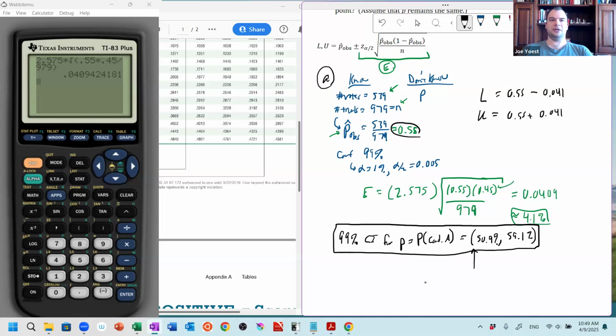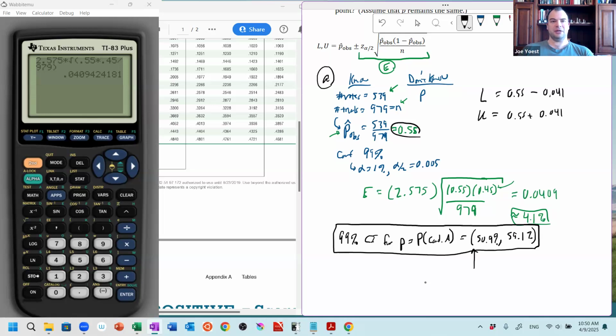But it's certainly true that if any specific candidate gets more than 50% of the vote, they necessarily have to have gotten more votes than any other candidate, right? So a candidate could win with 48% of the votes or something like that if there were more than two candidates running. But certainly if a candidate gets above 50% of all the votes, they have to win. And we see that our lower bound here, 50.9%, is above 50%. So yeah, we probably can statistically call this for candidate A.